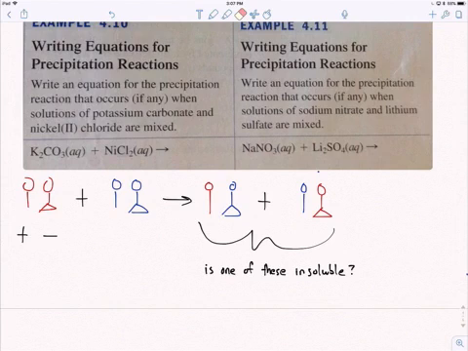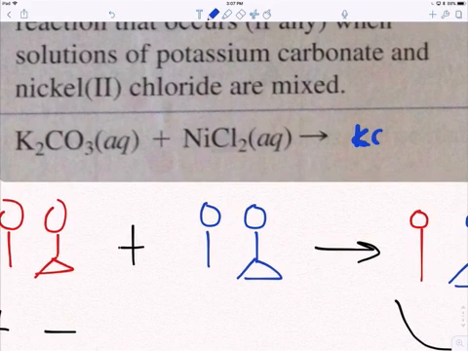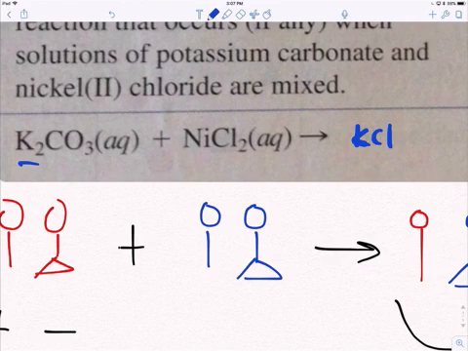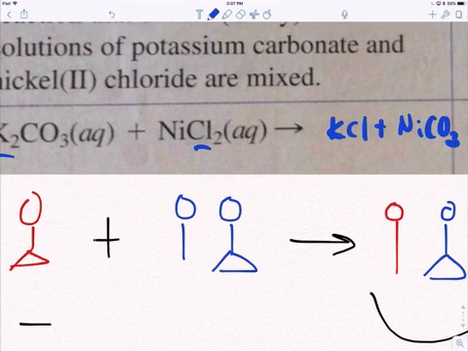So with this first one, potassium carbonate reacting with nickel chloride is going to form KCl, so this one and that one, plus nickel carbonate.